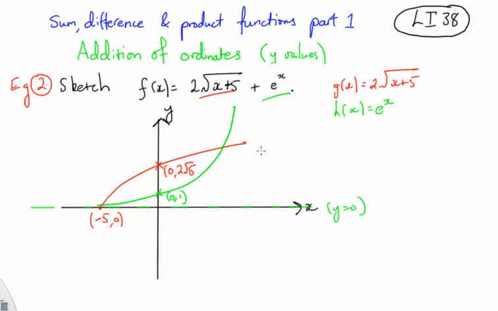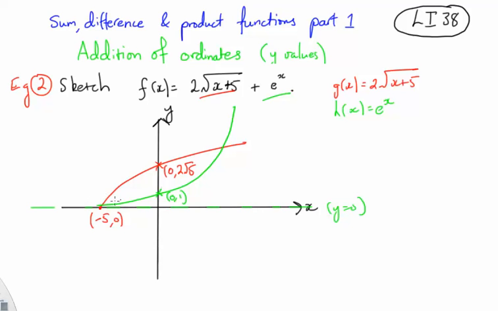Alright, this is a bit of a funny one. How do we sketch this? Well, we've got (0, 2 root 5). It's all positive here. So everything's positive, and you'll notice it's kind of funny because you'll get this weird characteristic where it starts out, it'll just follow the graph e to the x, and then it will bump up here.